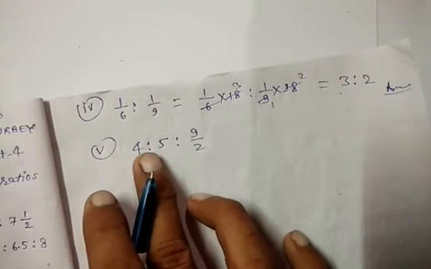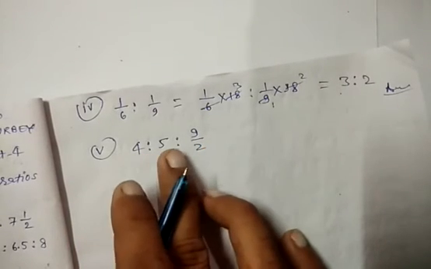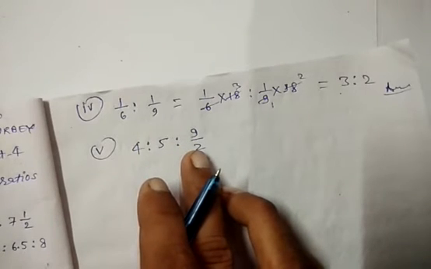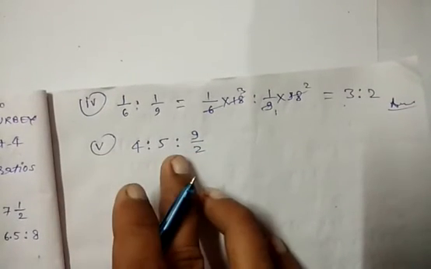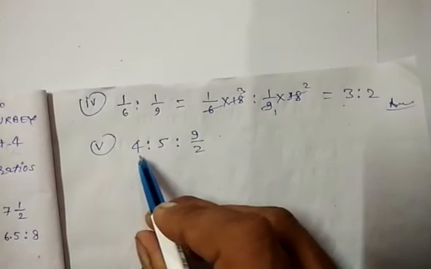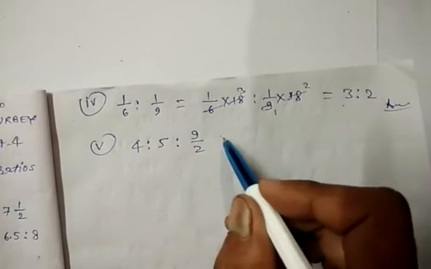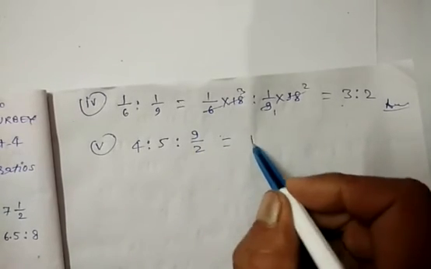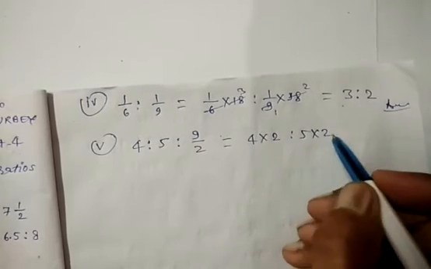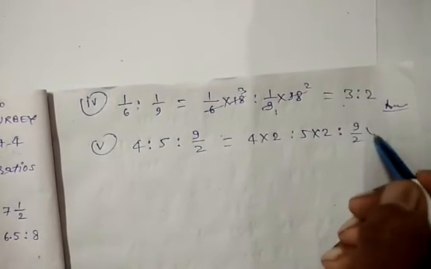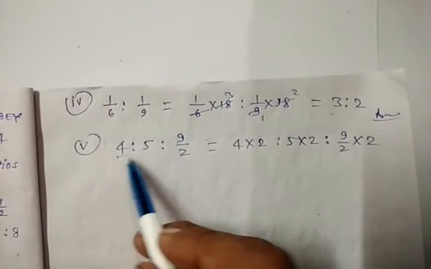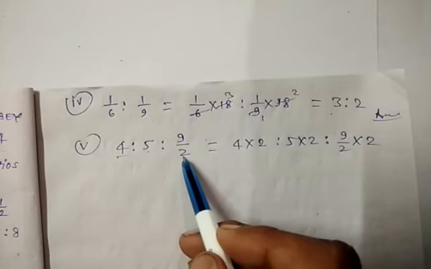Here there are 3 terms and the last term is in the form a by b, so the given terms must be multiplied by the LCM of the denominators. Here the denominator is 1, here 1, here 2.